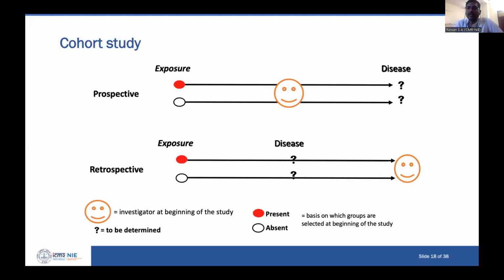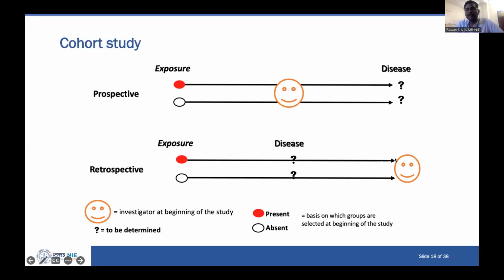Imagine you are in a hospital and you have records of, say, thousands of patients who were given a particular treatment and those who were not, and their outcomes are recorded in the medical records or the case sheet. You follow them up in past time and see how many of them developed the disease.